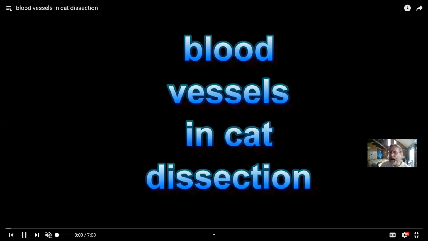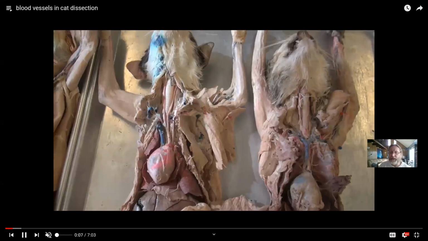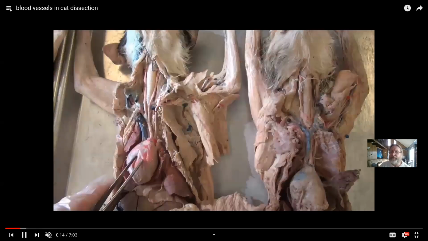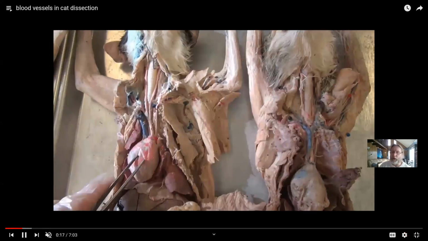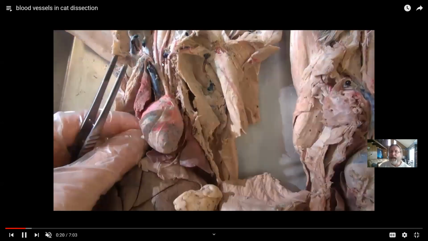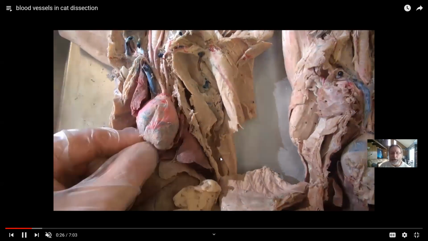If you're looking here then at a cat, it's mostly the same as what we would see in humans. Notice that there is one brachiocephalic trunk on the right side, and the left subclavian is coming off the arch of the aorta. One small difference from humans is that in humans, in addition to the left subclavian coming off the arch of the aorta, so too does the left common carotid.